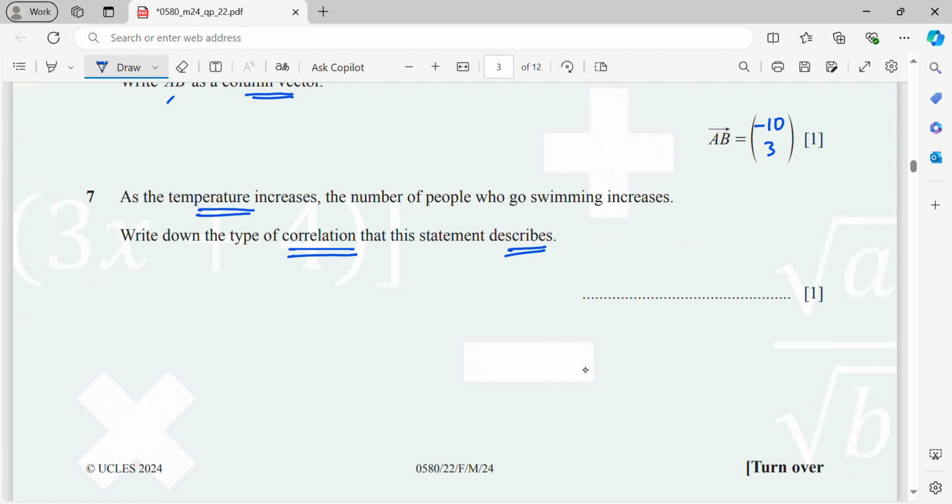Therefore this is positively correlated, because when the temperature increases, the number of people going swimming also increases. If, let's say, the temperature increases and the number of people going swimming decreases, that is negative correlation.